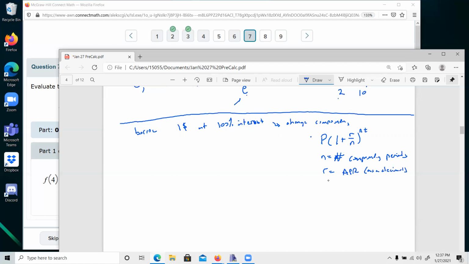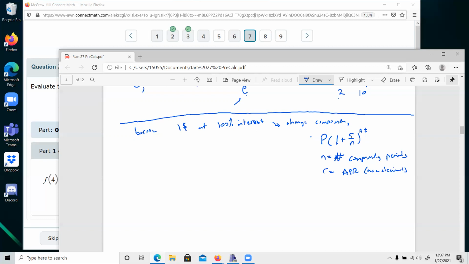This is the actual formula that banks use. I don't know if you have a savings account, but if you do and you have money in it, even in the 70s, when I had a savings account, I still have one, the interest was small. It was like 3%. Ooh, after a whole year, you get 3 pennies on your dollar. Now it's insultingly small.